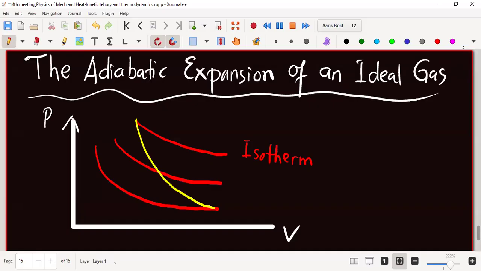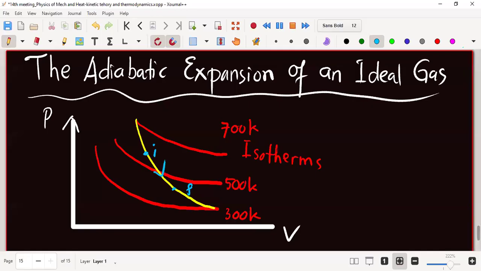Okay, for example, in the isotherms, this one is at 700 Kelvin, and then here is 500 Kelvin, and this one is 300 Kelvin. The red ones are the isotherm conditions, but the adiabatic is the yellow one. This one is initial and then final. So the direction is to the right.